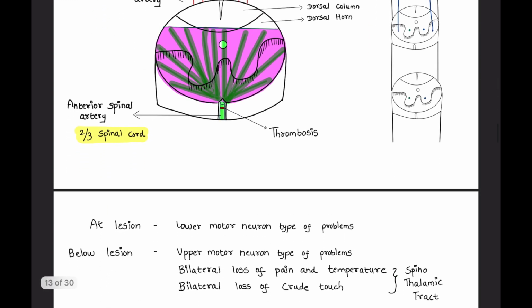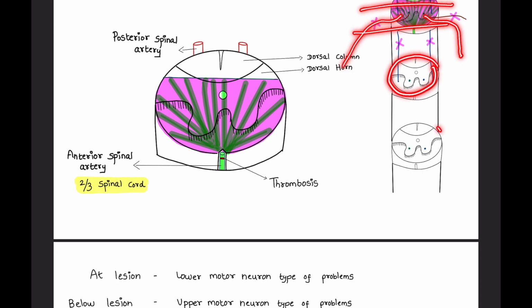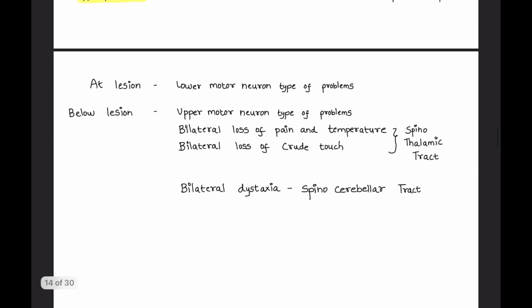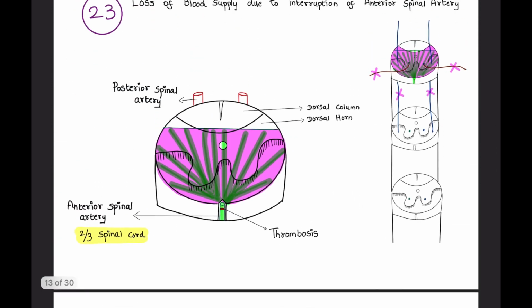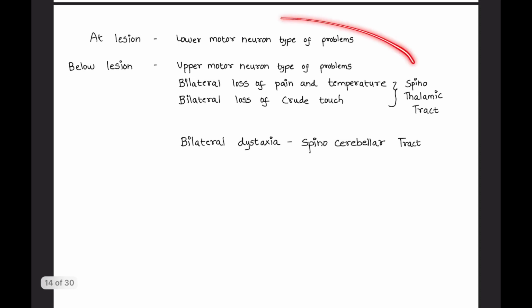At the level of the lesion, that is at this spinal cord segment, there will be lower motor neuron type of problems. Below the lesion, that is the next segments below the spinal cord, there will be upper motor neuron type of problems. And then the ascending tracts and descending tracts also get affected, and you will have the respective clinical features.